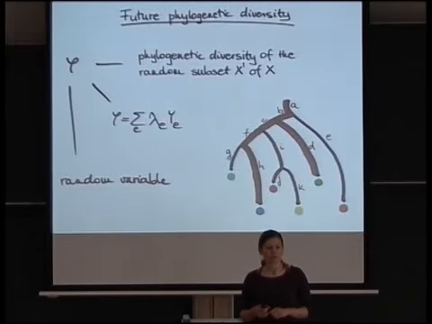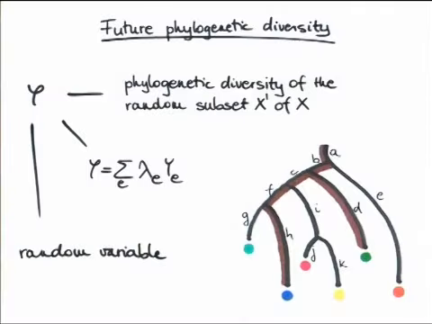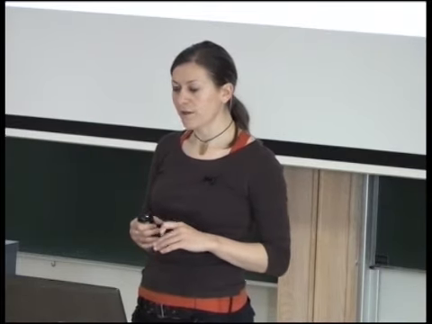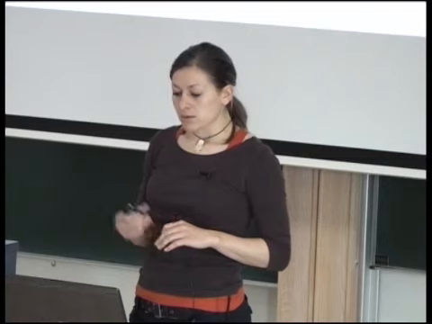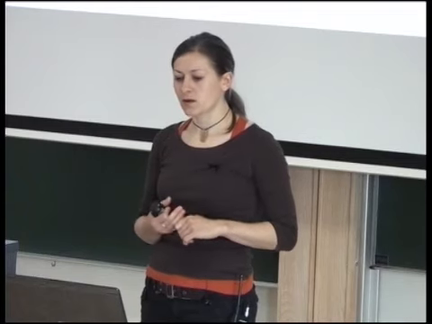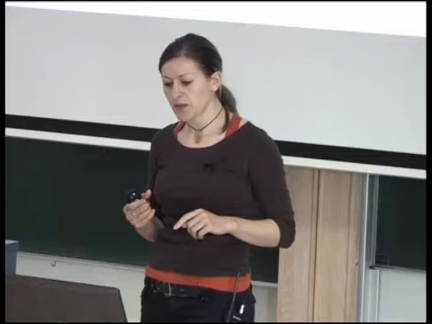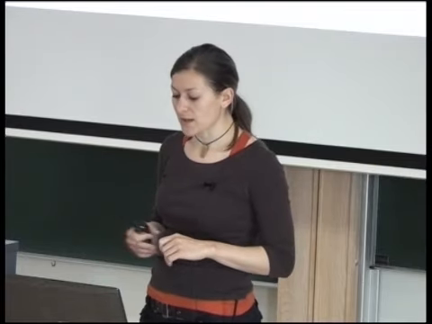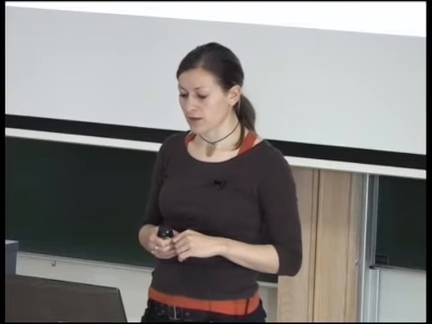Under the field of bullets model, we define the future phylogenetic diversity as the random variable, which is the phylogenetic diversity of the random future subset X prime. Let phi denote this random variable. The figure shows the situation where the random future subset consists of the blue and the green species, and as we have seen, the PD score of that subset is the sum of the lengths of the colored edges.